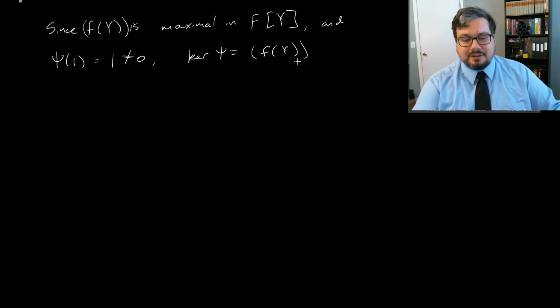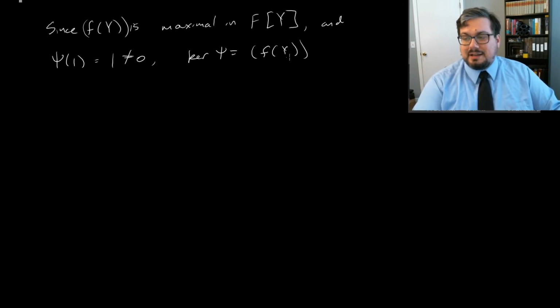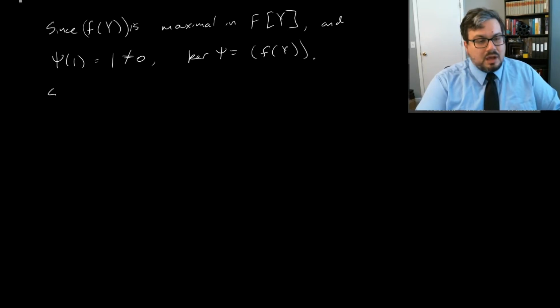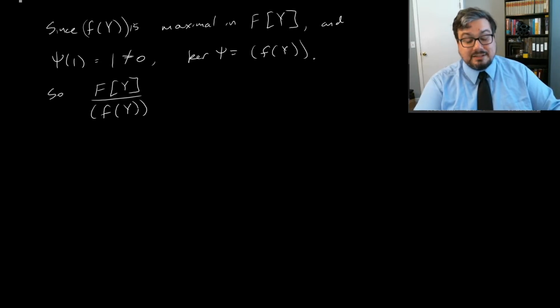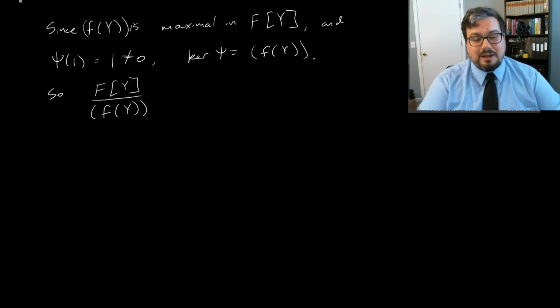So the kernel of psi is the ideal generated by f of y. So that means that F adjoin y mod the ideal generated by little f of y is isomorphic to the image of psi by the first isomorphism theorem.